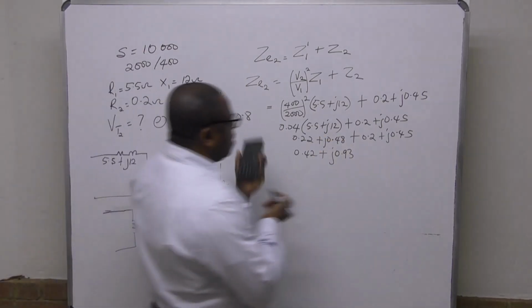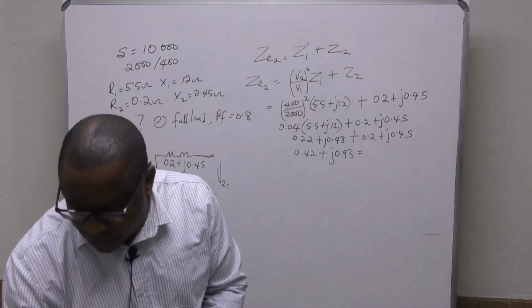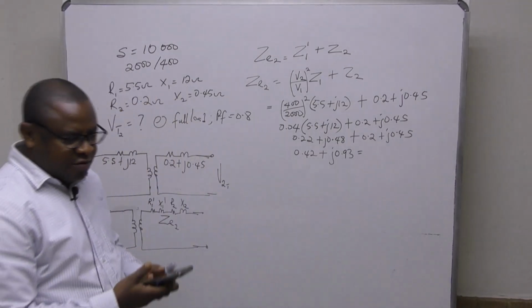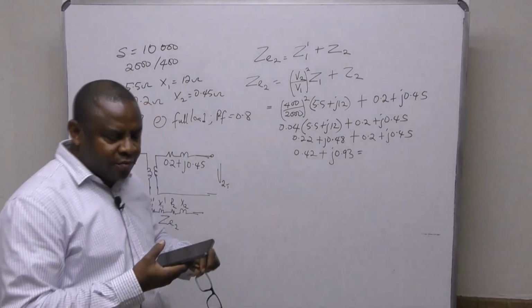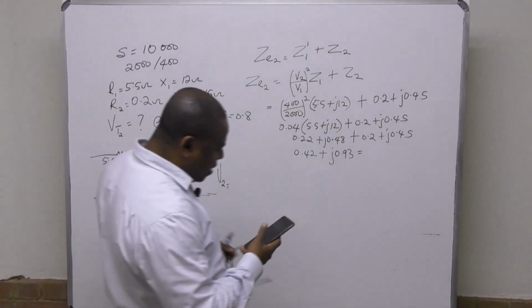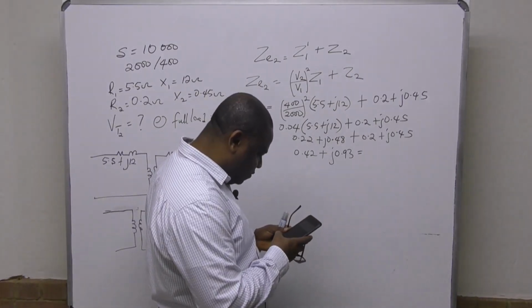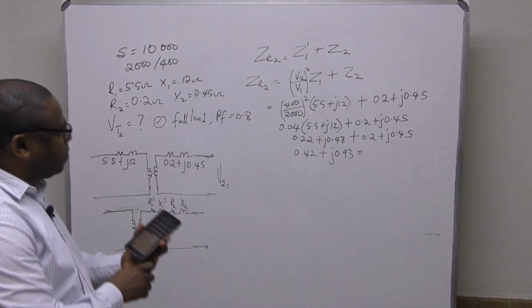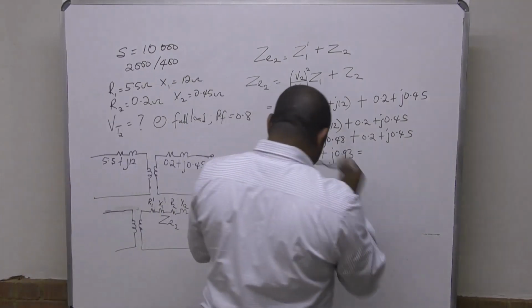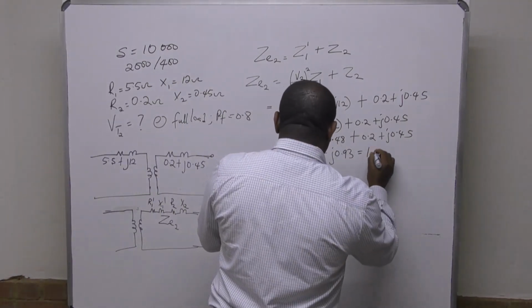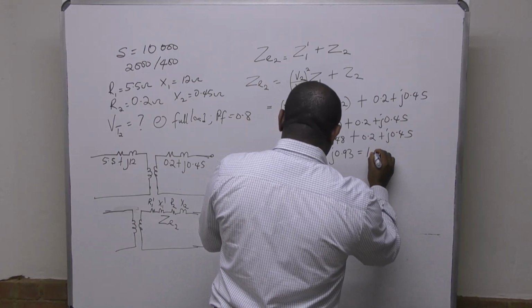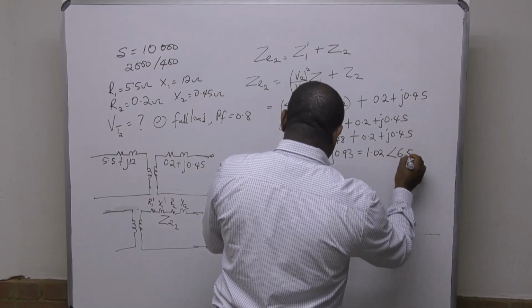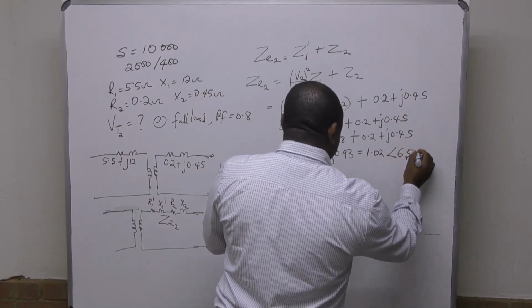Okay, so we have 0.42 plus j0.93, which is 1.02 at an angle of 65.7.